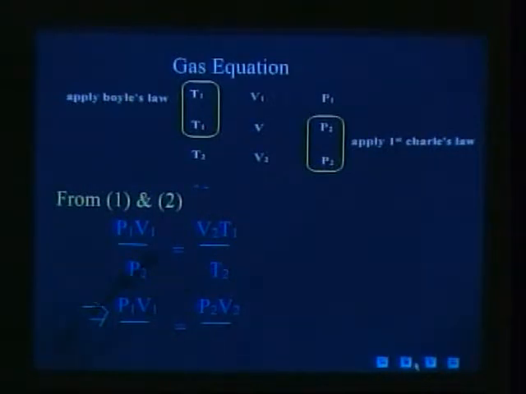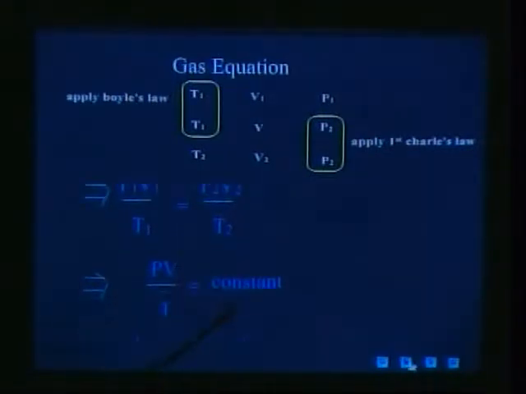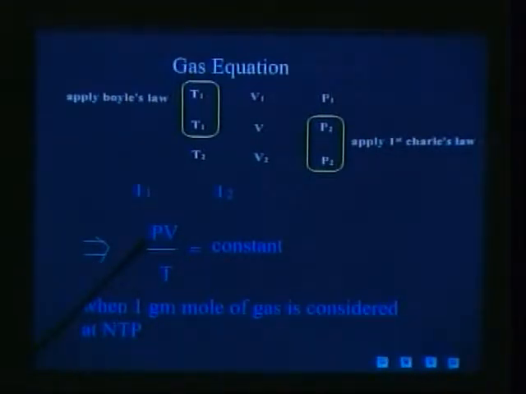From these two equations, we have P1 V1 by P2 equal to V2 T1 by T2. By getting all initial values to one side and the final values to the other side, we have P1 V1 by T1 equal to P2 V2 by T2, which means pressure into volume by absolute temperature is constant.